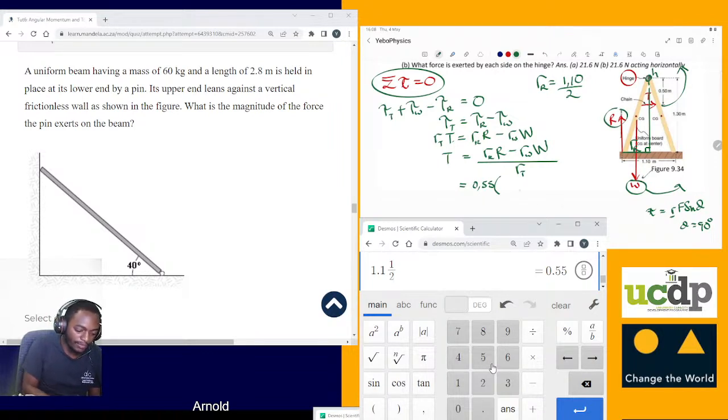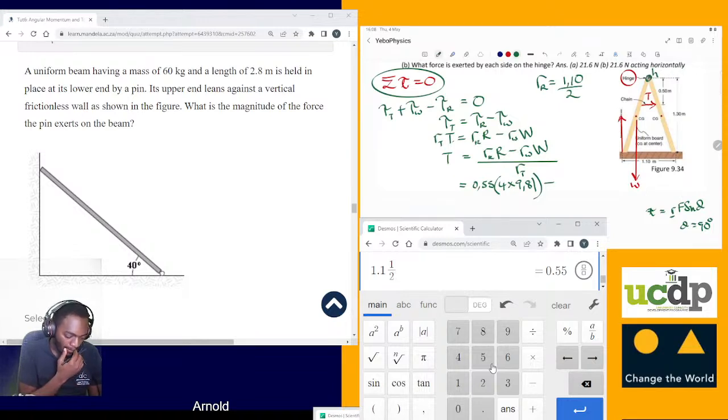So one leg, it's 4 kilograms times 9.81. Now we look for the weight.